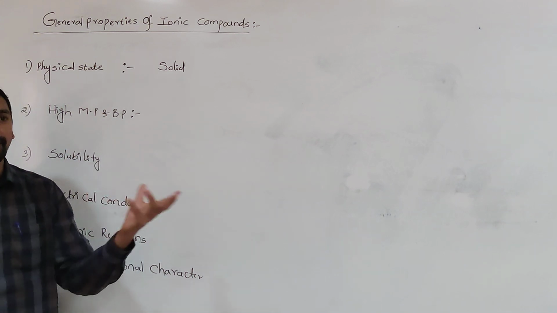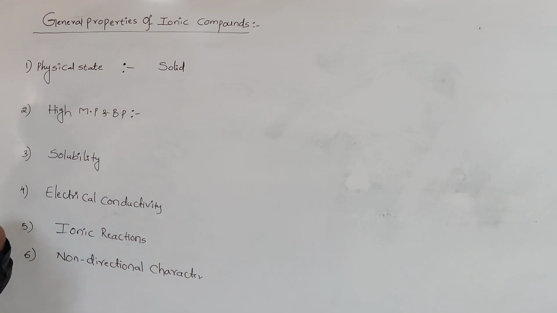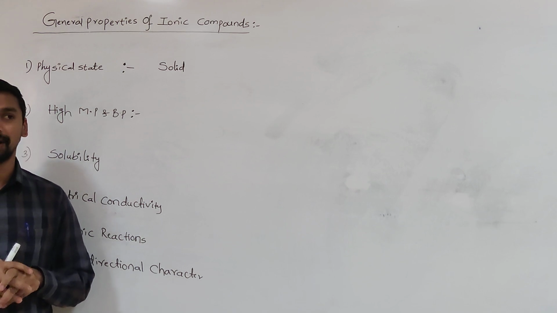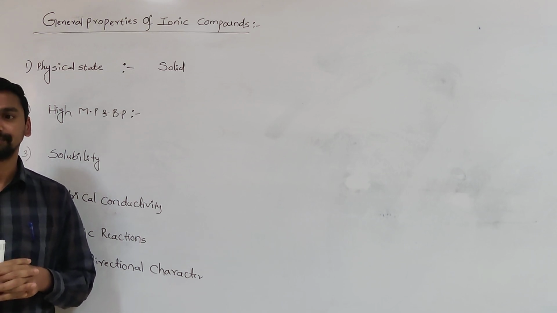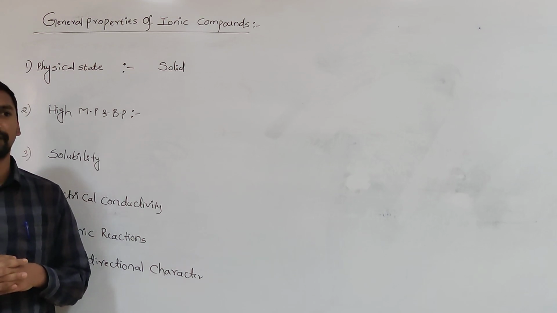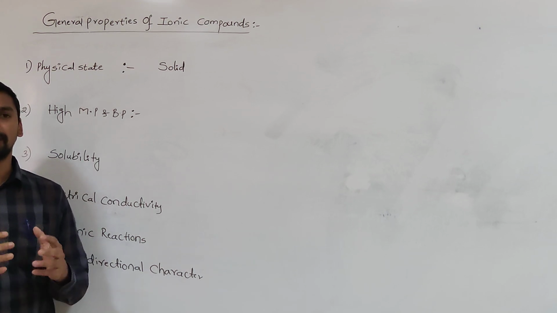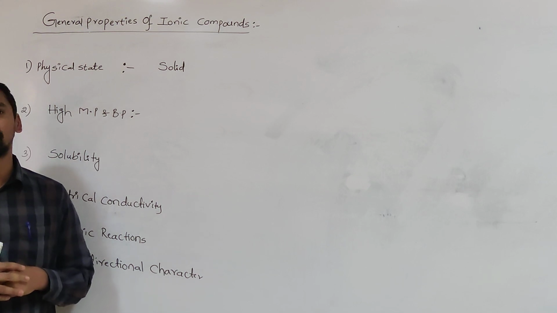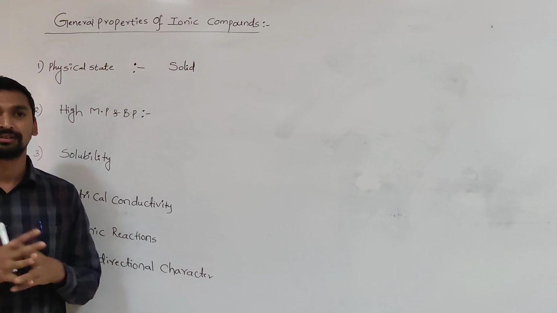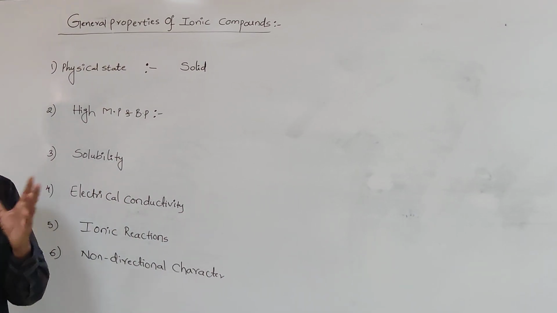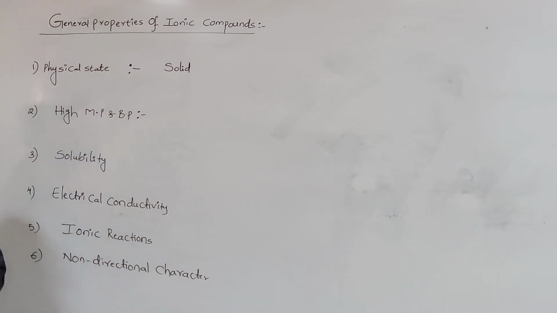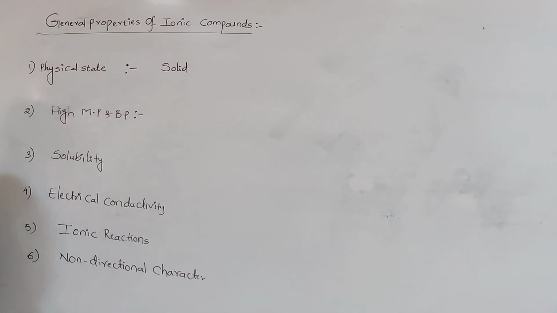To break the compound into its ions, we require a high amount of energy, which is why it is called a high melting point and boiling point. The strength of the electrostatic force of attraction is very strong, so we require more energy to break it. That's why ionic compounds generally possess high melting and boiling points.